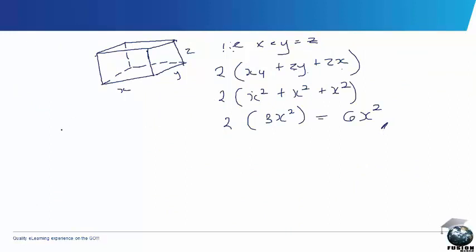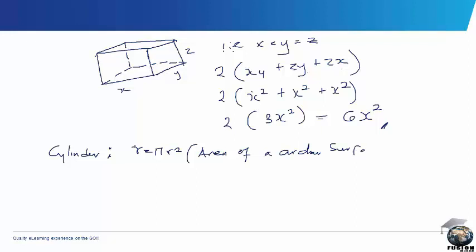We have the cylinder, and then we define the cylinder. The area of a circular surface of a closed cylinder with radius r is given as pi r squared.